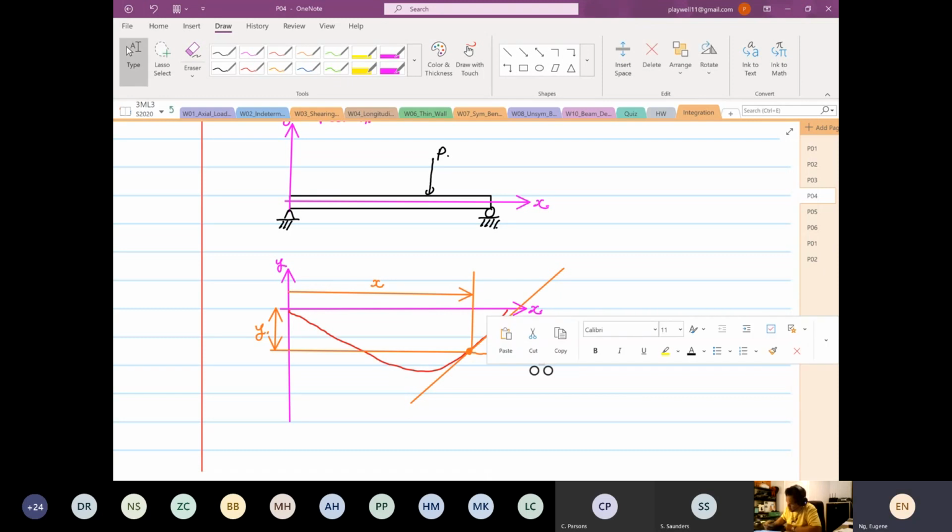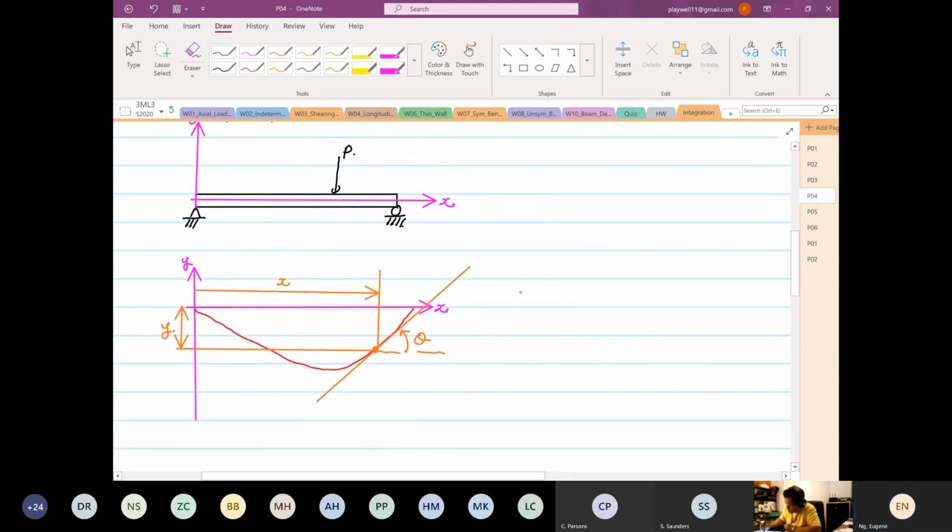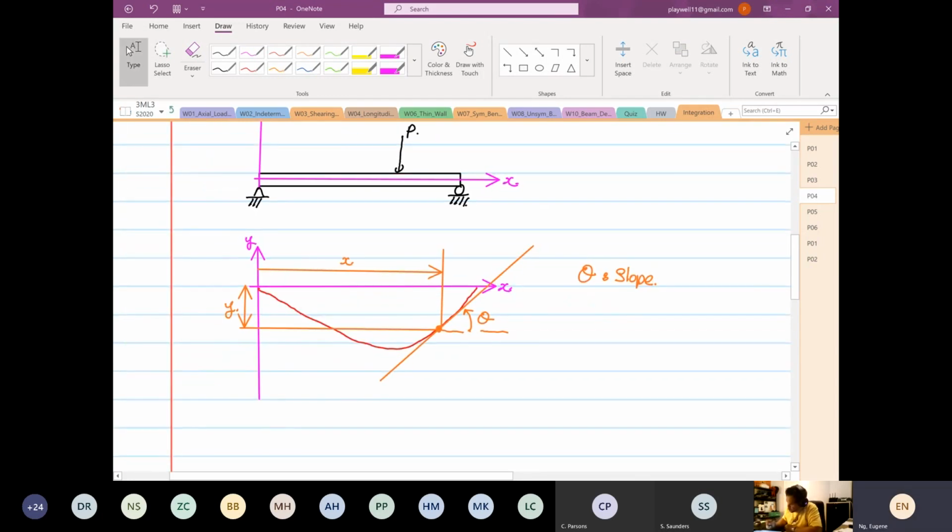And theta is known as the slope. And what we realize is that where the slope theta is equal to 0, deflection is maximum.